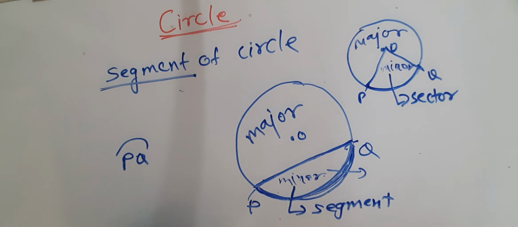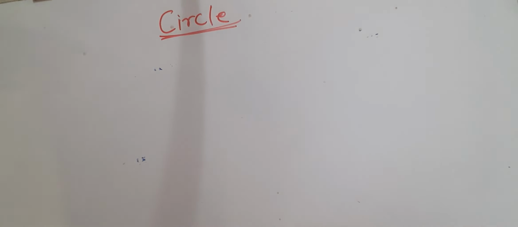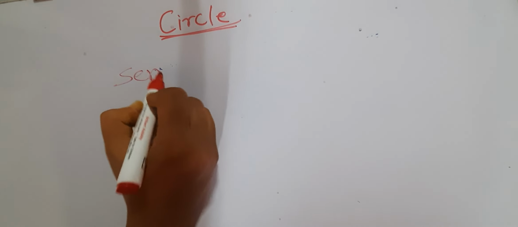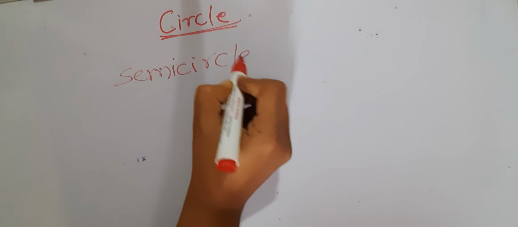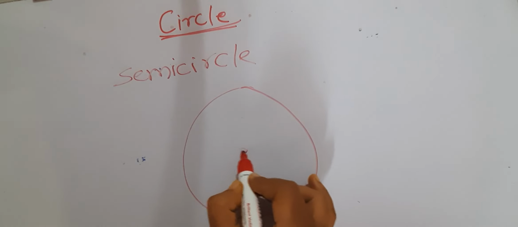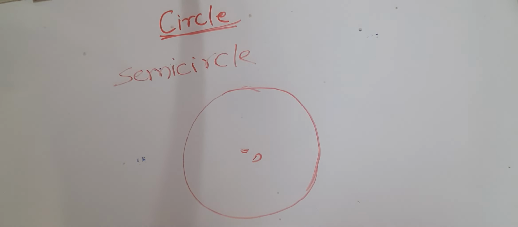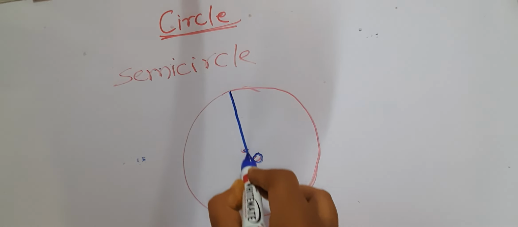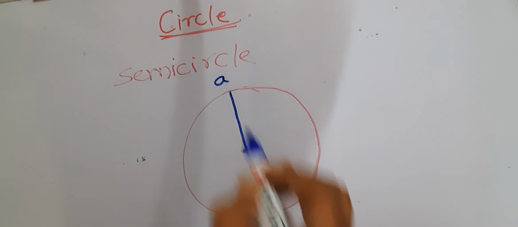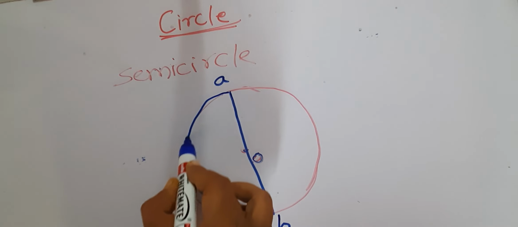Now the next part is semicircle. You all must know what a semicircle is. A semicircle is nothing but half of a circle. If this is a circle and this is the center of the circle O, if I draw the diameter AB here, then this diameter has divided the circle into two halves.